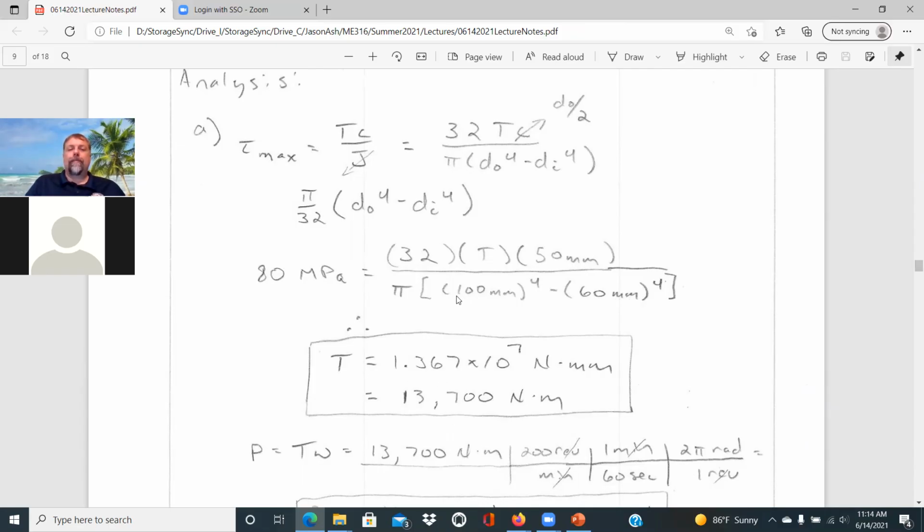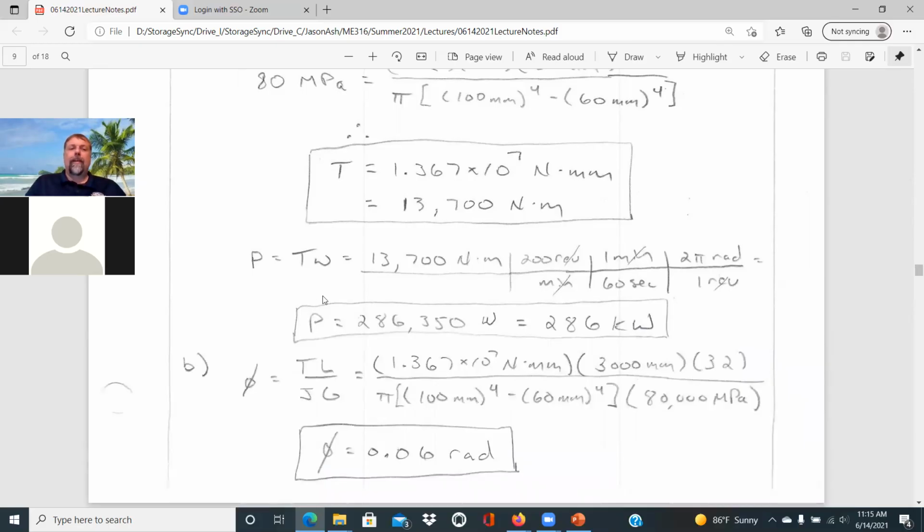I did this with respect to Newtons and millimeters, so that would come out as 1.367 times 10 to the 7th Newton millimeters. And then if you divide through by 1,000, you would get 13,700 Newton meters. So we'll use both of those as we move forward.